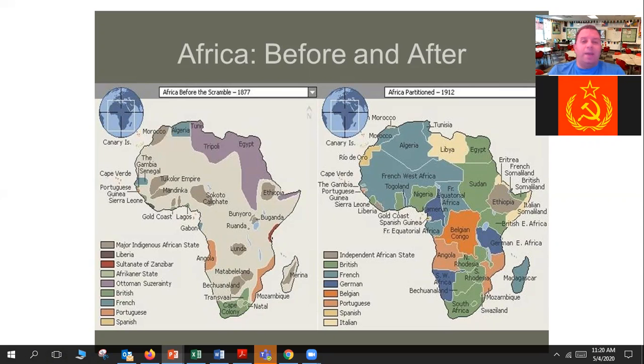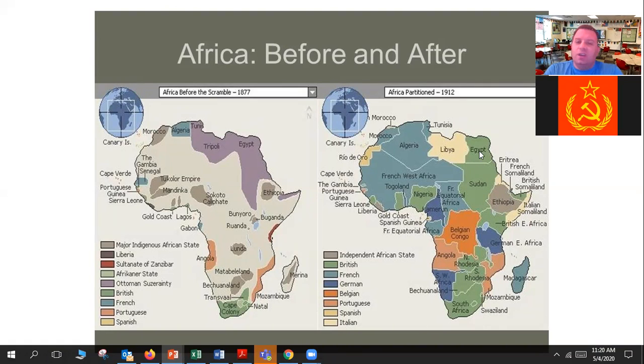But then look what happens, okay, less than 40 years later? Africa gets carved up, and you can see Africa is almost entirely European, with just a couple of exceptions, Ethiopia and Liberia being the two main ones. But you can see how Africa just gets carved up and gets partitioned by the Europeans.